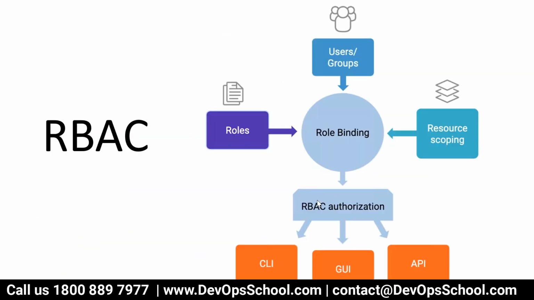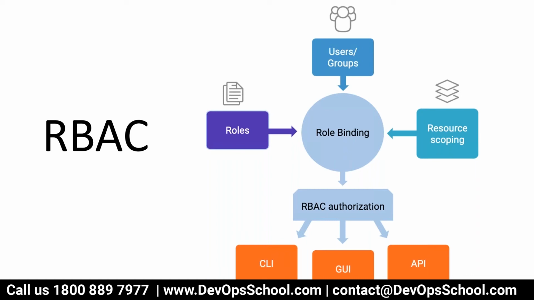So now see how RBAC works. So look at this here. RBAC is an inbuilt authorization mechanism in Kubernetes. So in RBAC, what we do, we have users and groups, and then we have roles. We add users and groups through the roles, and that's called the role binding process.